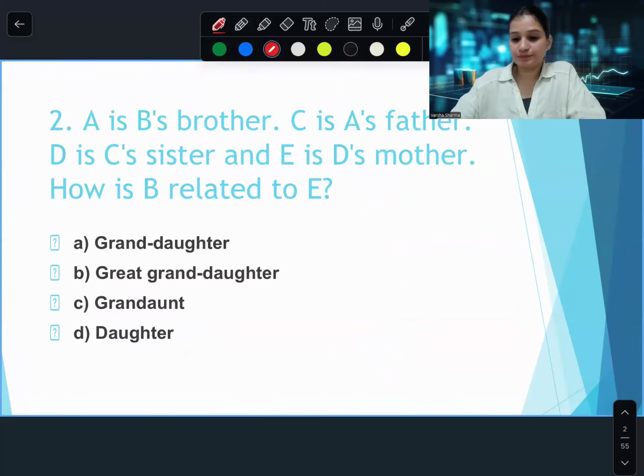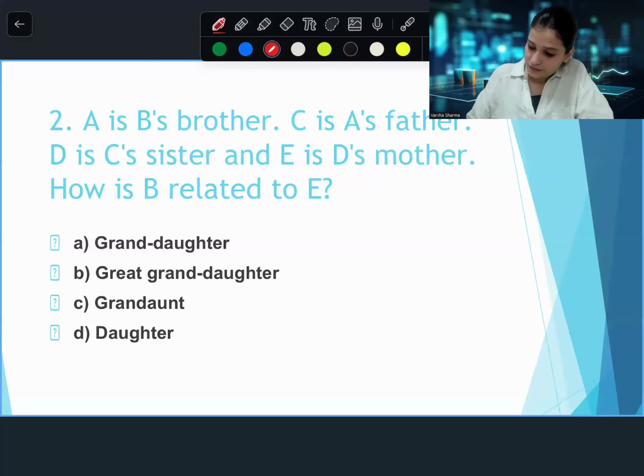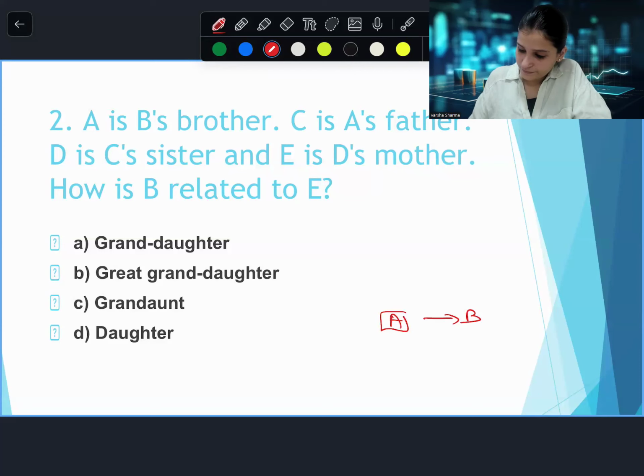Question number 2 answer. Granddaughter. Okay, let's see. A is B's brother. C is A's father.